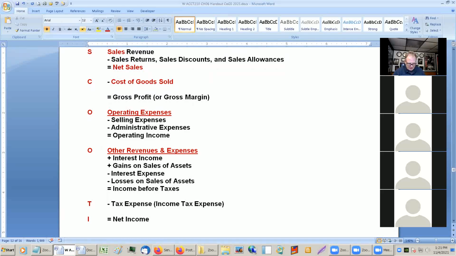Operating expenses are things that are necessary for the business. Other revenue expenses are what they call incidental to the business.